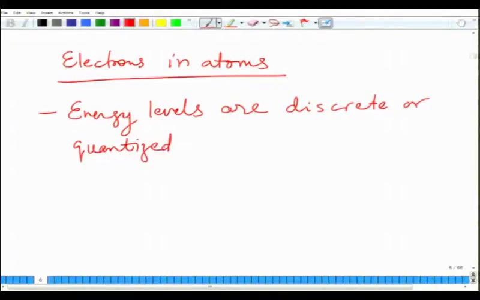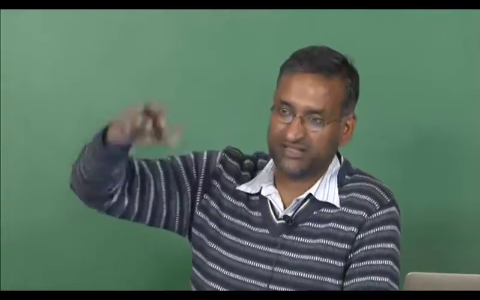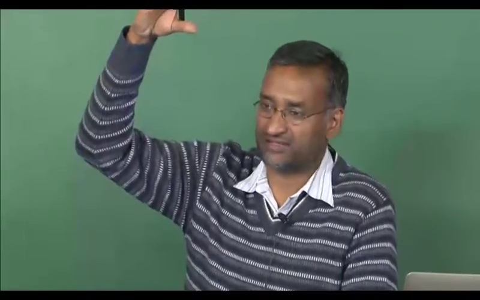So, there are specific energy levels which electrons occupy, and as you keep filling an atom with a number of electrons, the tendency is to occupy the lowest energy state first, and as the lowest energy states are filled, then the higher energy states are filled.